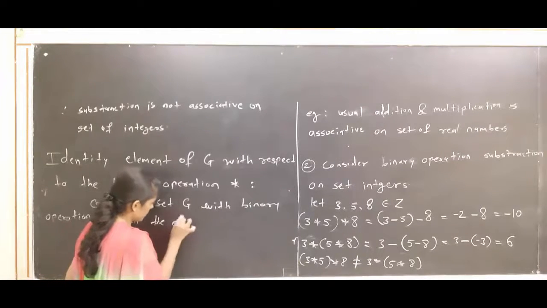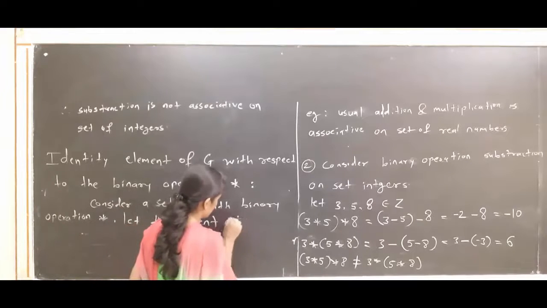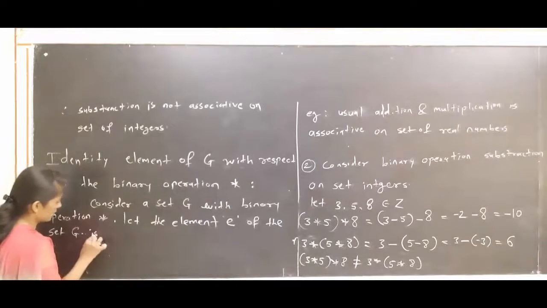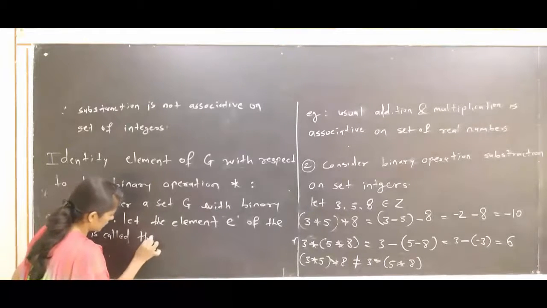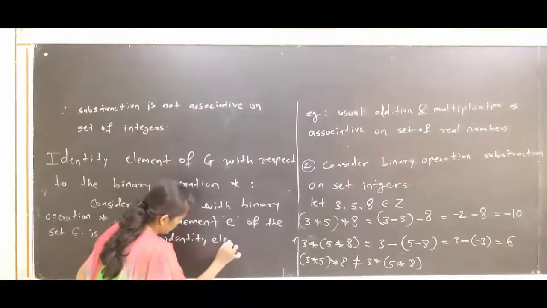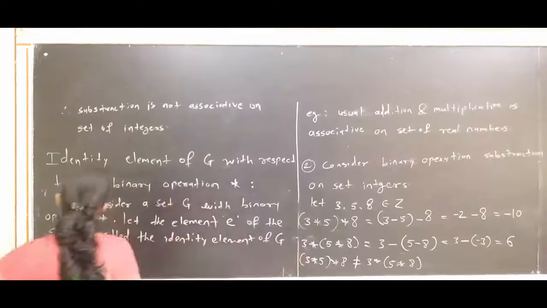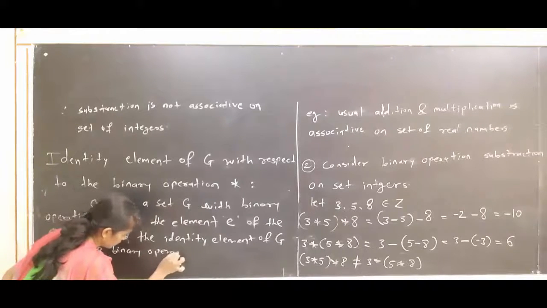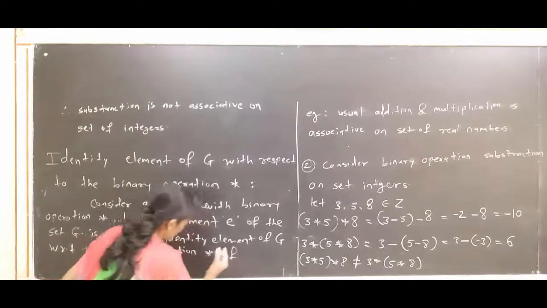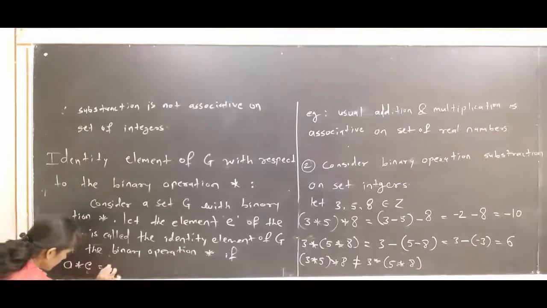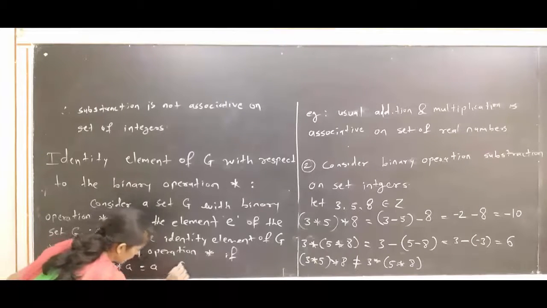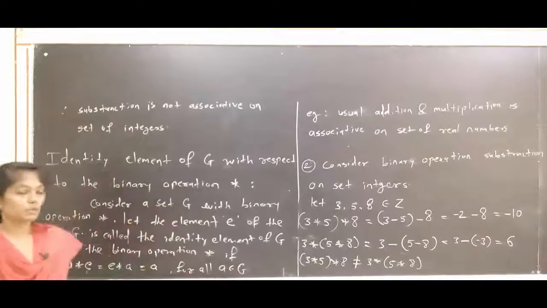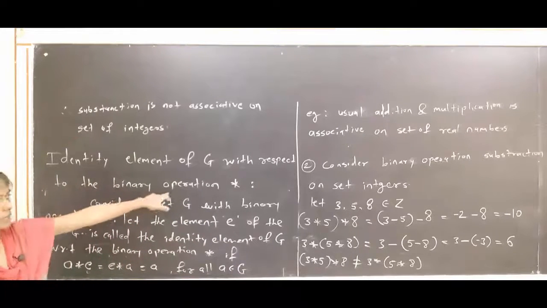Let the element E of the set G is called the identity element of G with respect to the binary operation star if A star E is equal to E star A is equal to A for all A belongs to set G.